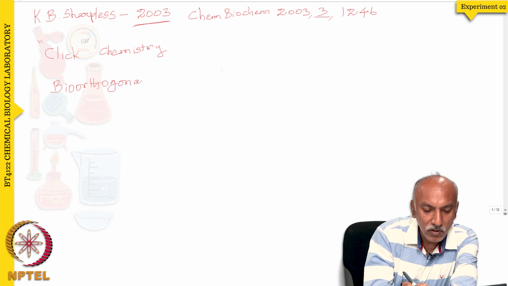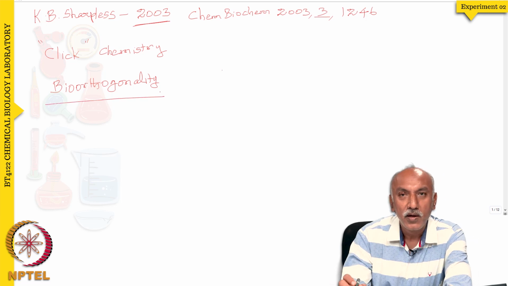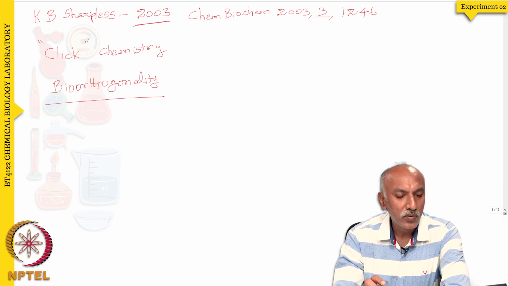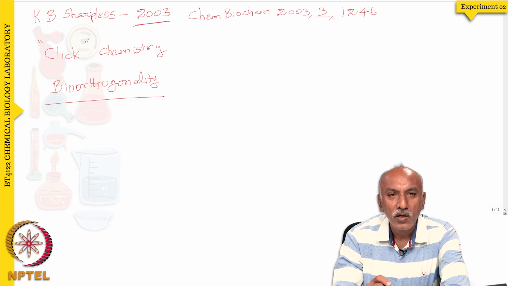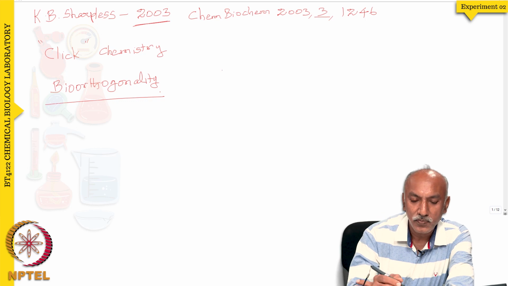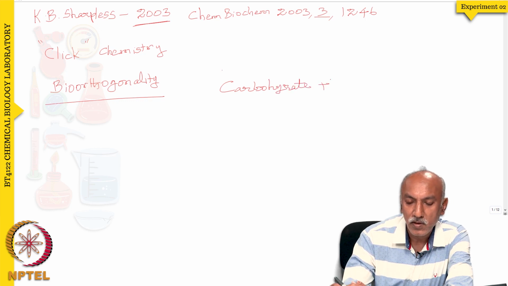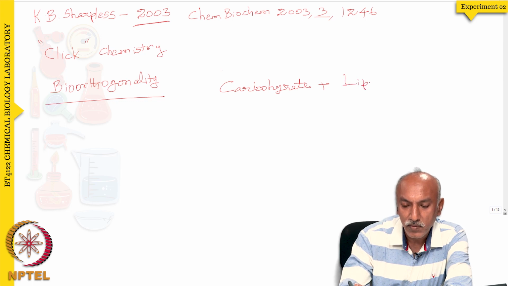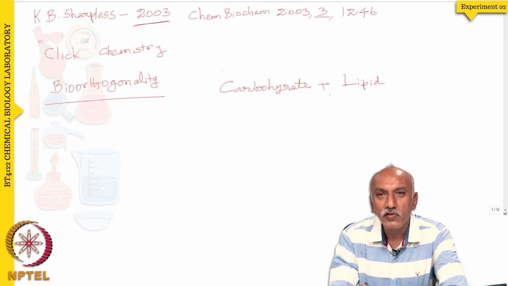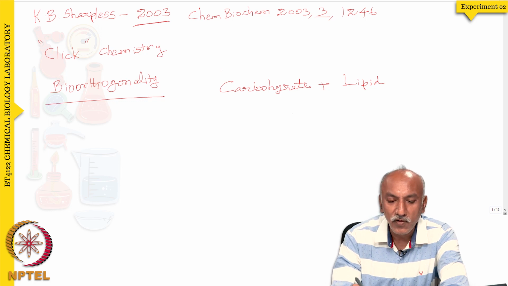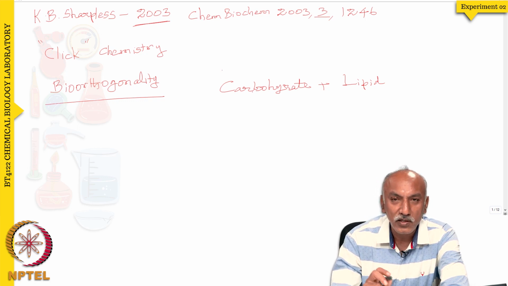Bioorthogonality is the main criterion if you want to conjugate any two biological molecules. For example, you have a carbohydrate plus lipid. We want to link these two, to study the effect of the lipid conjugation with the carbohydrate.